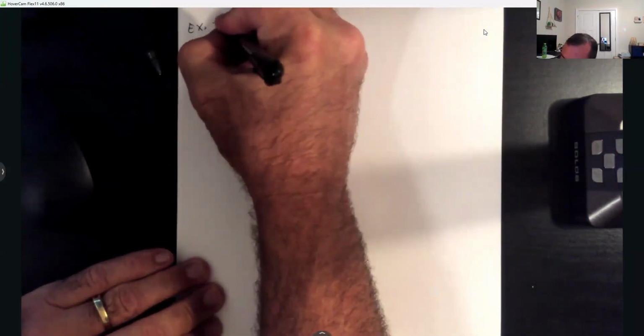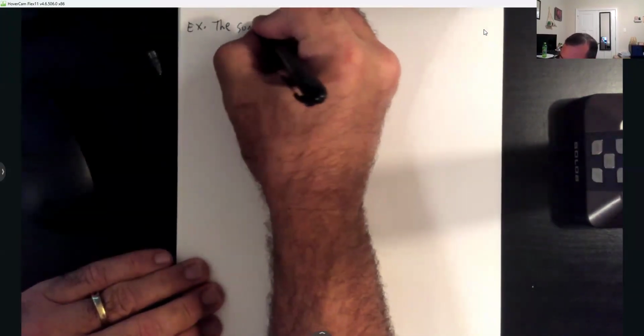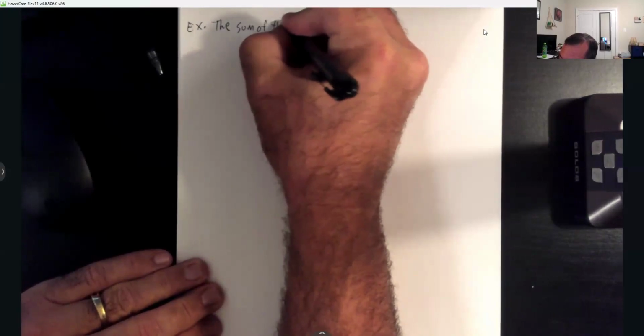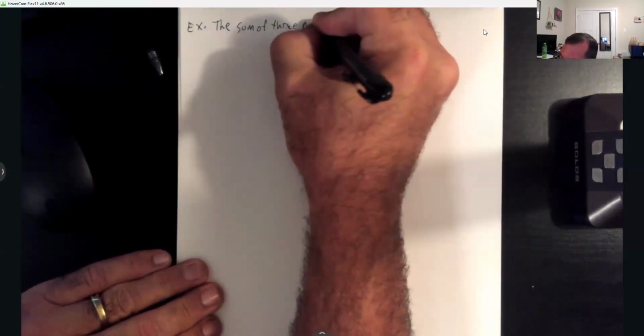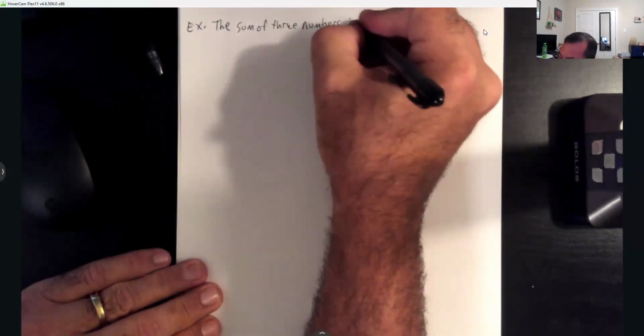All right, so the next word problem, let me get this moved back up. All right, also for this next example, they're telling us the sum of 3 numbers is 56.